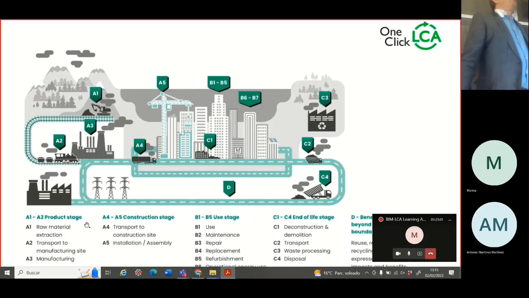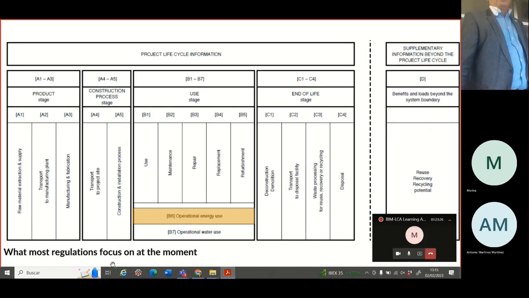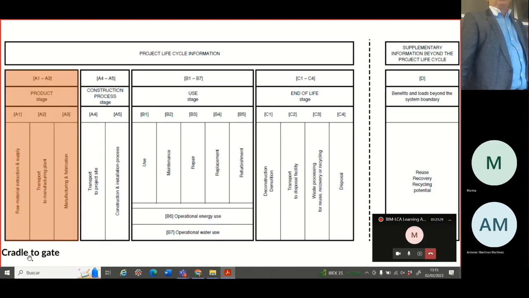Again, why I leave this picture is that you need to get used to A1 to A3 product stage, A4, A5 construction stage, use stage, end of life stage, and what is beyond. Because you'll see this image a lot of times. You need to get used to it, and to some expressions like cradle to gate. That means the product goes outside the manufacturer.